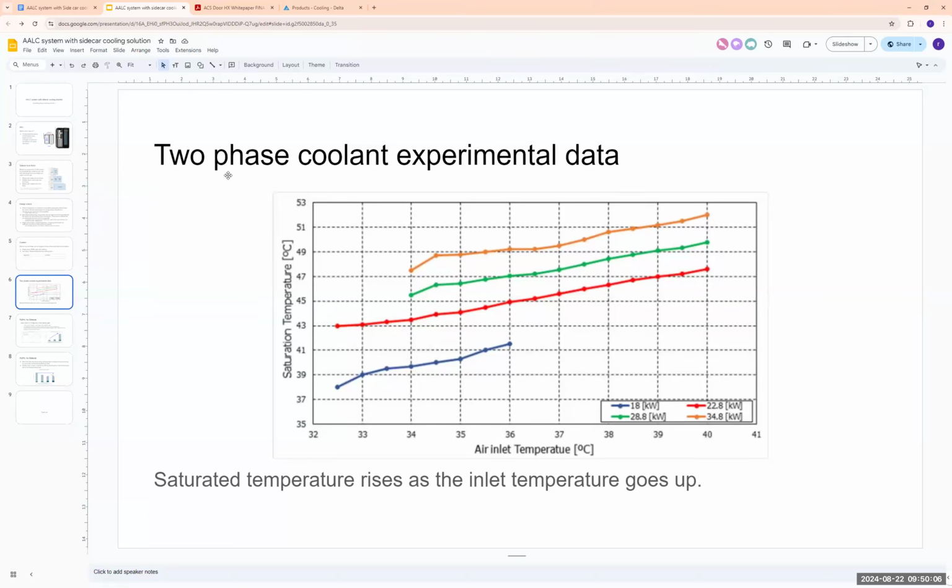I am trying to see how I can compare those two performances. That's the idea: a performance difference between two-phase and single-phase, capturing one commonality.